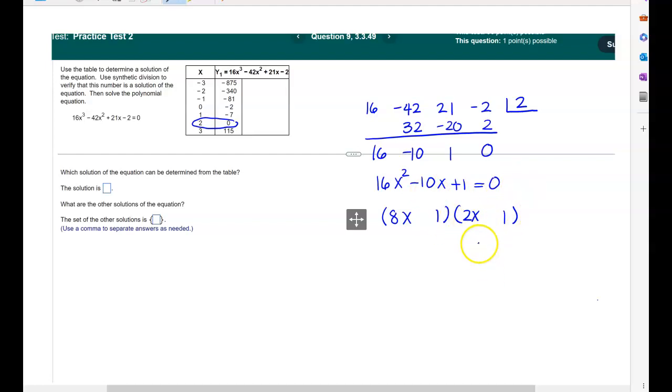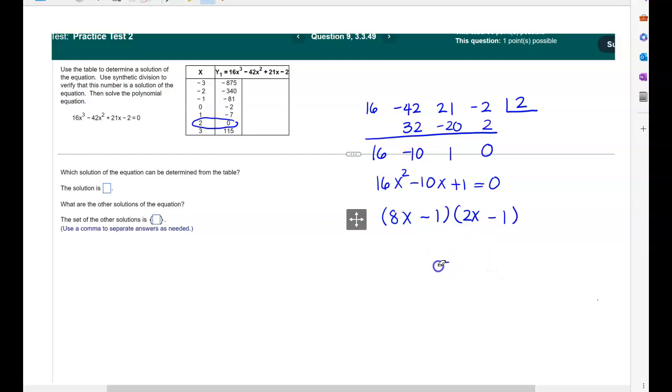Then the middle term is negative, so both of them will be negative. Then you double check. Multiply this 2, you get negative 2x. Multiply those 2, you get negative 8x. If you add, you should get the middle term here. The middle term is negative 10x. Okay, so that's how you know that you have factored it correctly.